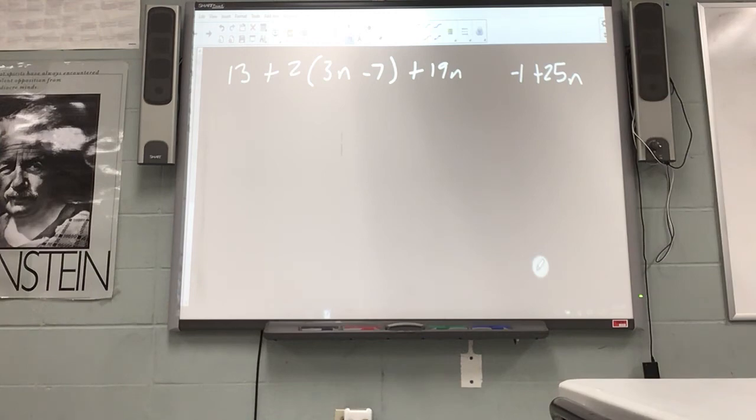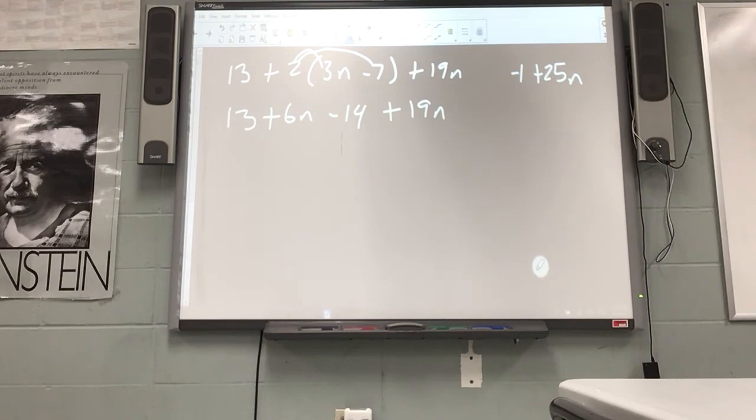So let's see about how we would get there. What did you do first? Okay, so we distributed our 2 to both of those things there, so I'm gonna have a 13. 2 times 3n gives me a 6n, and 2 times -7 gives me a -14. Okay, so now there's no more distributing or anything to do, you just have to go hunting for like terms.